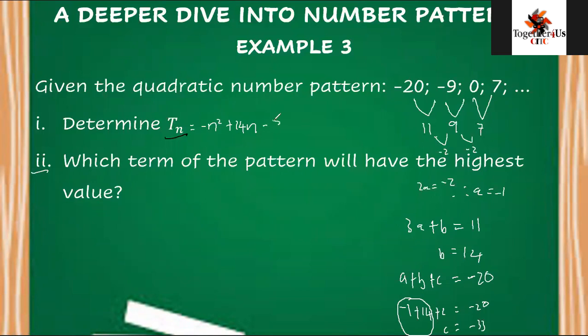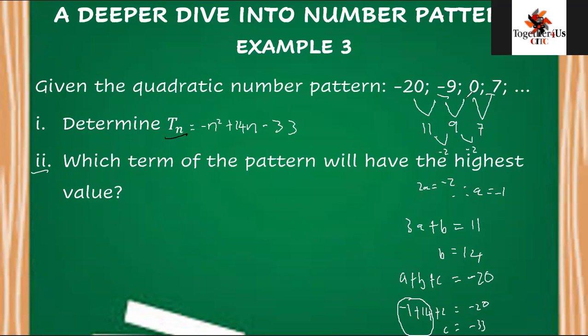But of course, we will not just quickly conclude on this. We're going to put this to the test. Let's take randomly term 2 and maybe term 4 and see if this works. I'm going to go ahead here in my calculator and start with a negative sign, and I am opening a bracket. I'm going to say 2 close bracket, all squared, plus 14 open bracket 2, minus 33, and I get -9 as expected.